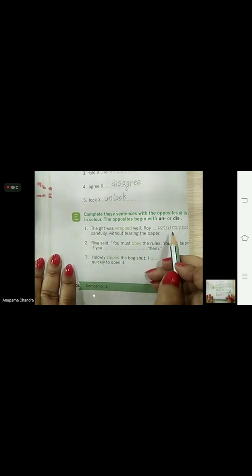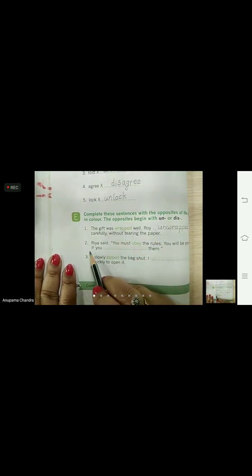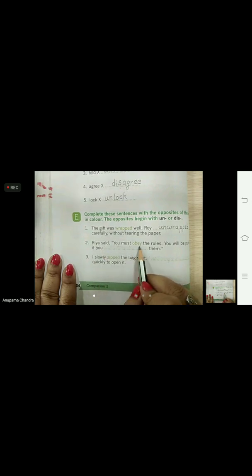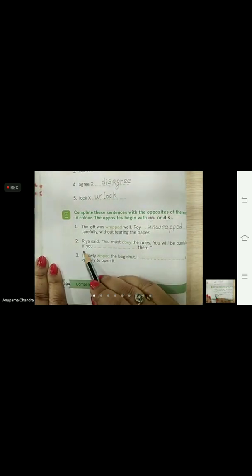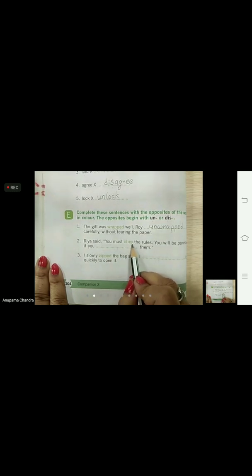Okay, let's go for the next one. Number 2. Ria said, you must obey the rules. You will be punished if you dash them. So we have to write the opposite for the word obey.